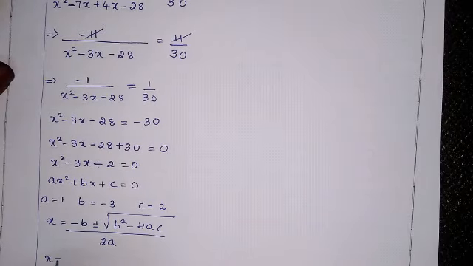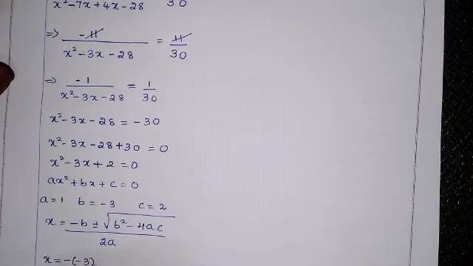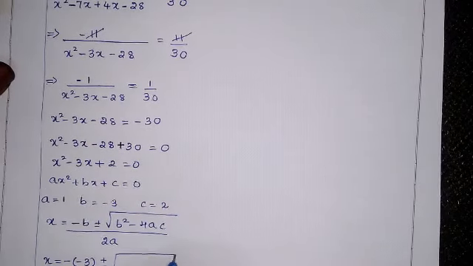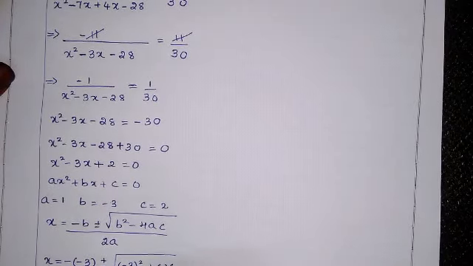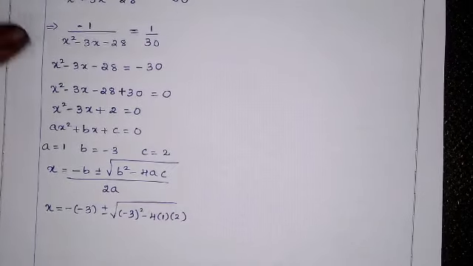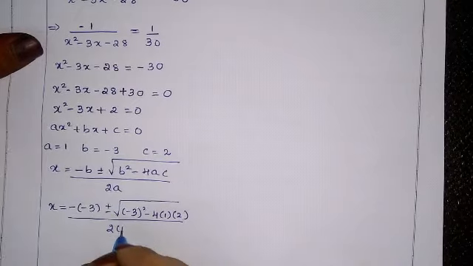So x is equal to minus b, b value is minus 3, plus or minus root of b, minus 3 whole squared, minus 4, a value is 1, c value is 2, upon 2a, a value is 1.